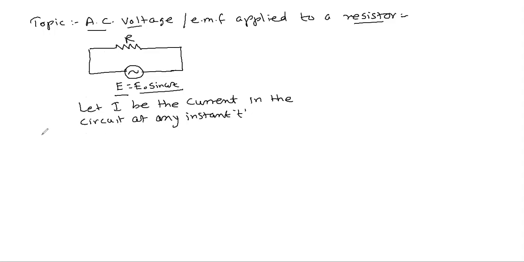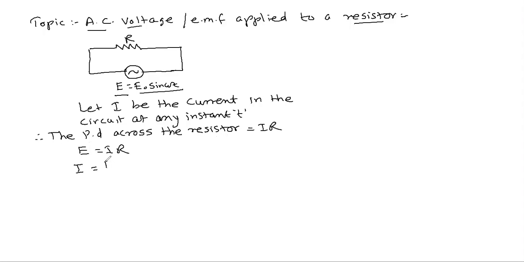Therefore the potential difference across the resistor is equal to IR. So I can write E is equal to IR, or from this equation I is equal to E upon R.